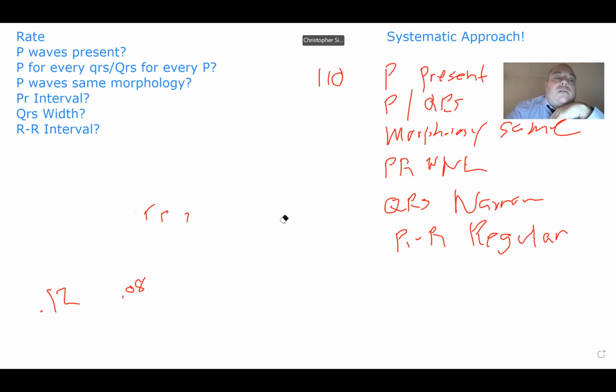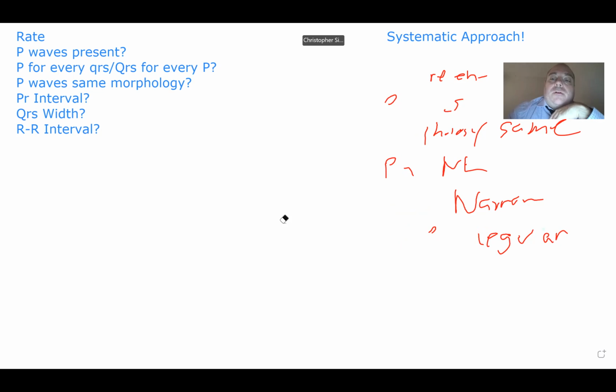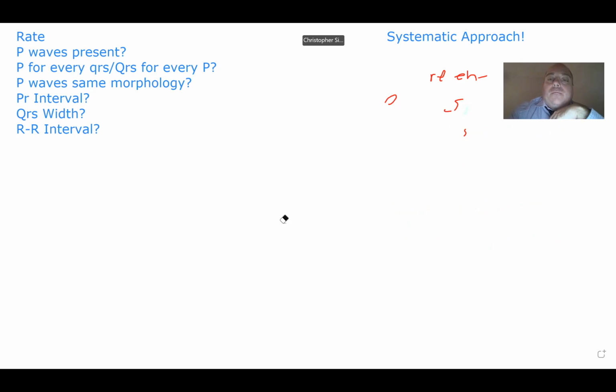So we're going to erase some things here. And we're going to draw another one now. This is the world's smallest eraser. All right.